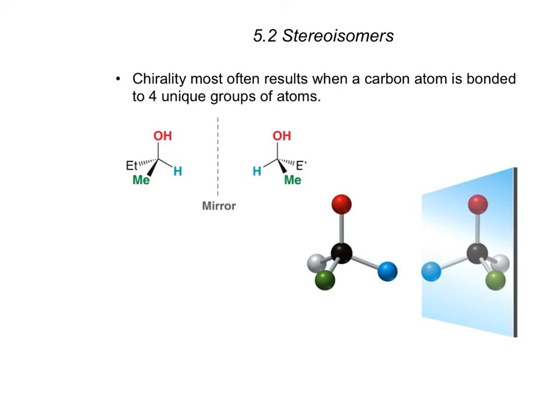Just to hit home on that one more time, what's going to define whether or not a molecule is chiral? Do you have sp3 hybridized centers? Again, what that means is, do you have a tetrahedral electron geometry?